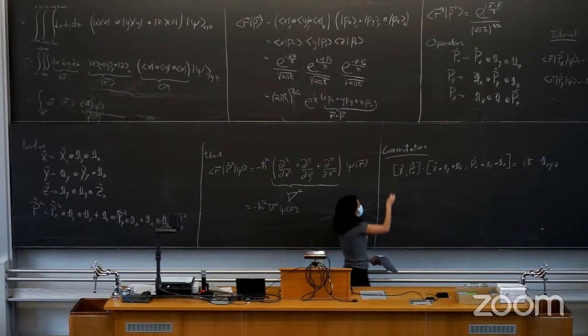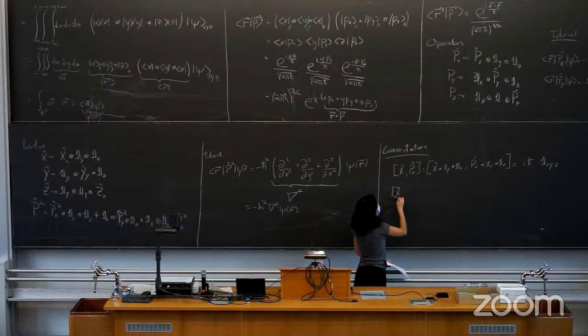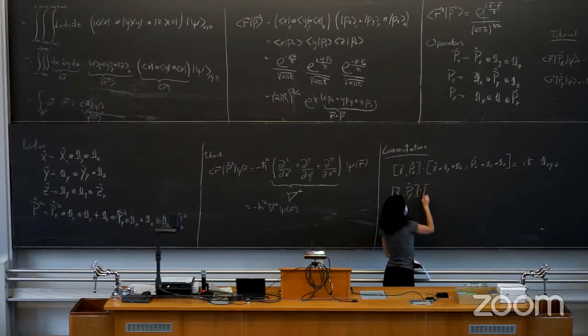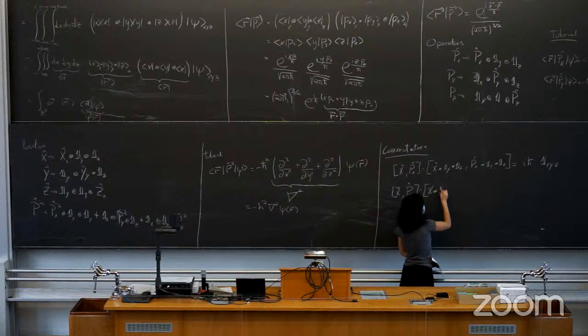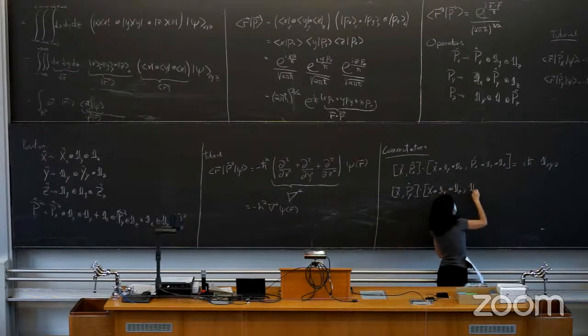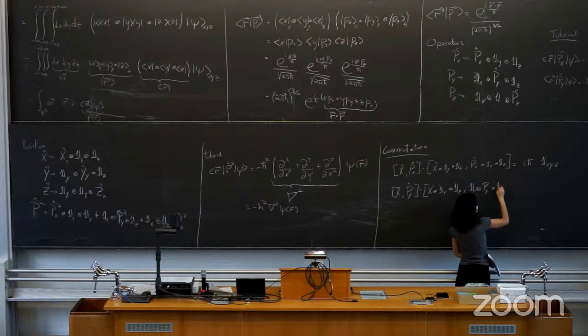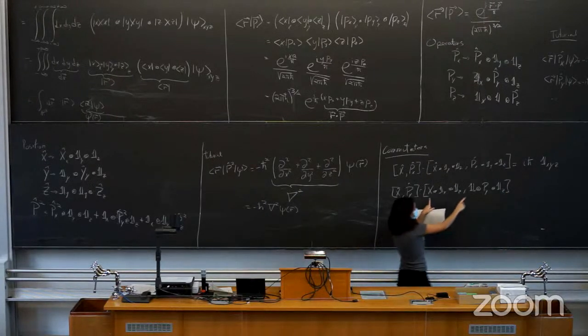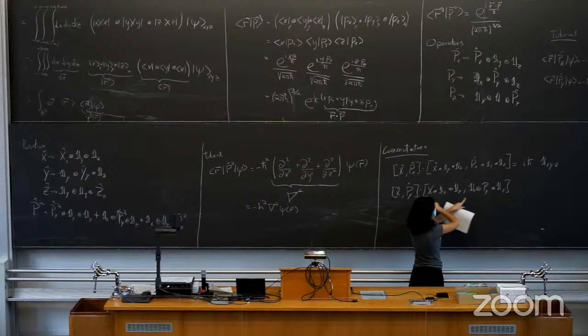And if I do it for different systems, for example, I want x and p of y. Well, this we know from before that operators that act on different Hilbert spaces, on different subsystems, always commute. So x is only acting on the x subsystem, and py is only acting on the y subsystem.